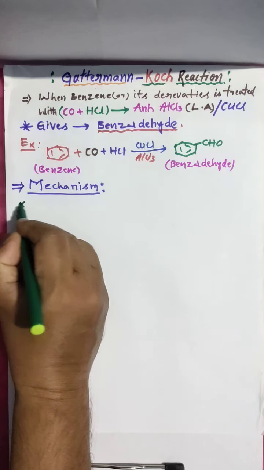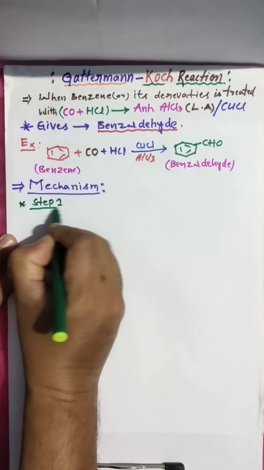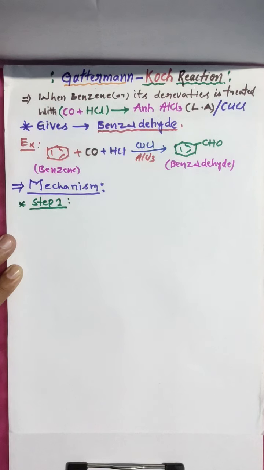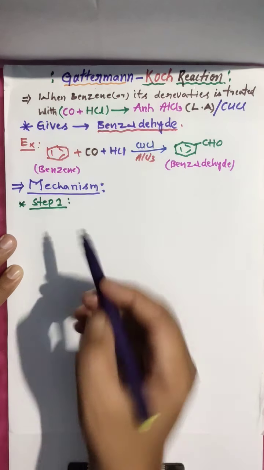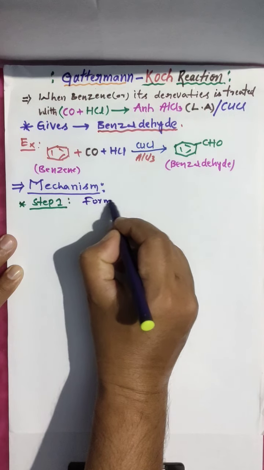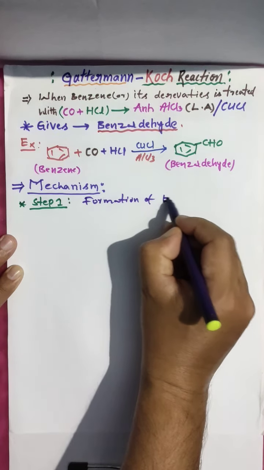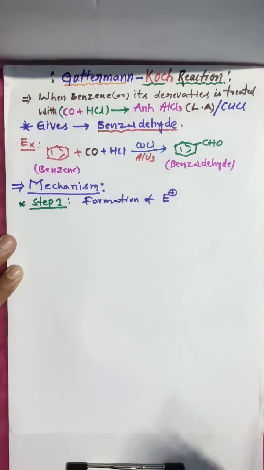In step 1, what happens is formation of the electrophile. First the electrophile we have to form.